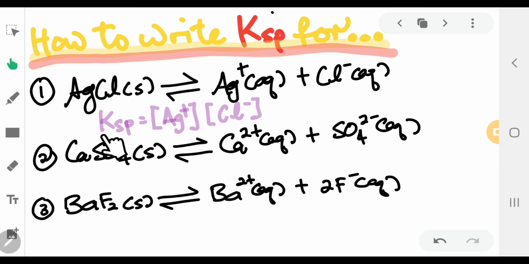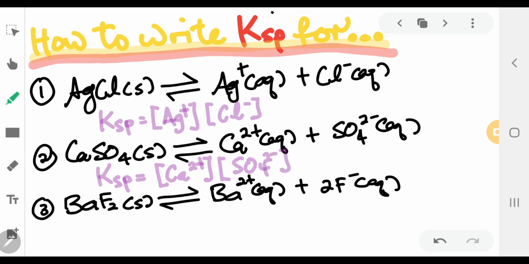So this is how you write the Ksp expression for AgCl solid that exists at equilibrium with its ionic species. Number 2 is the same process: Ksp equals the concentration of Ca2+ times the concentration of SO4 2-, each to the power of 1.